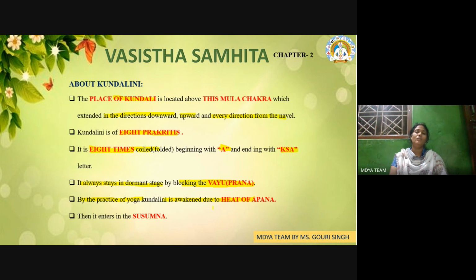But here, according to the Vasishtha, the placement of the prana shakti is also different. So according to the Vasishtha Samhita, the apana vayu is present in the Mula Chakra area. When one continues the yoga practice, what happens? There will be heat of the apana.